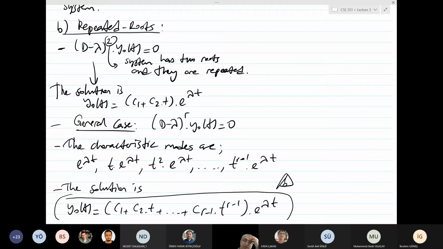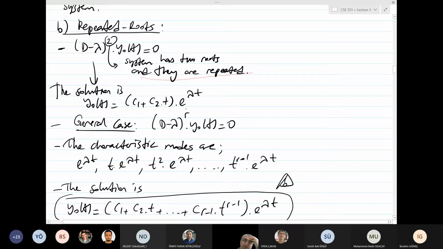In this case, the system has two roots and they are repeated. The solution in this case is going to be y0 of t is equal to (c1 plus c2 times t) times exponential lambda t. That was for n equal to 2 or r equal to 2.